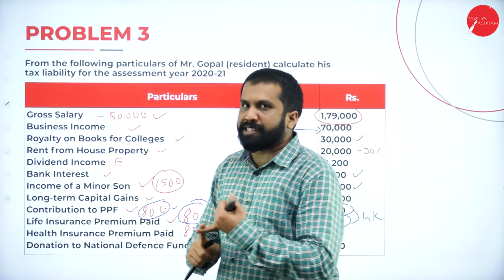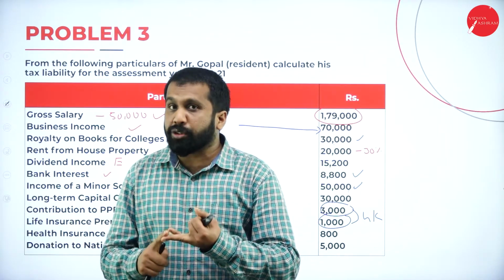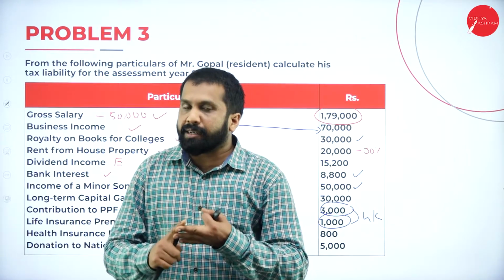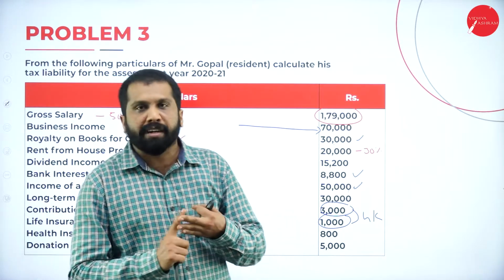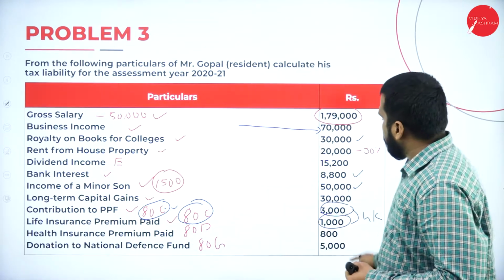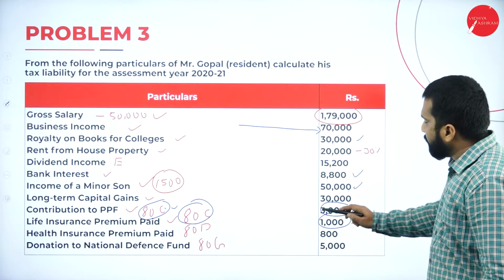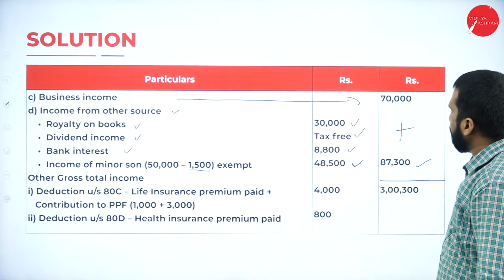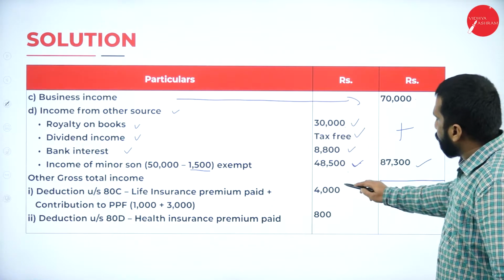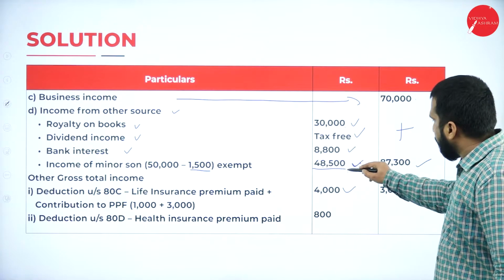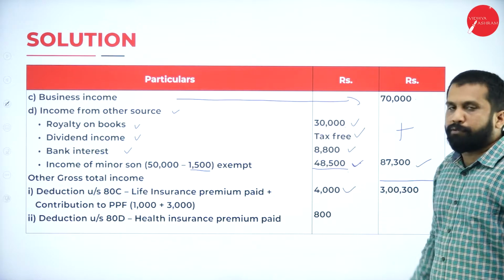All your post office investment, all your insurance payment, all the NSC certificates you bought, every kind of investment will come under 80C. So 3 plus 1, we got 4,000. Up to this we have completed.